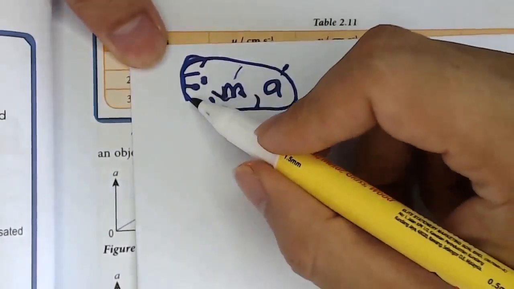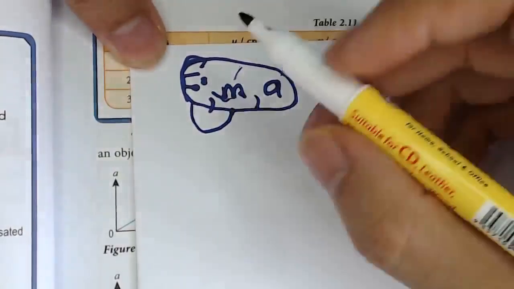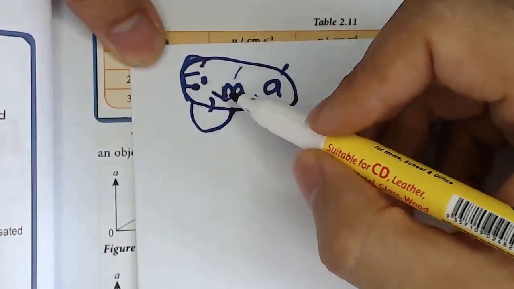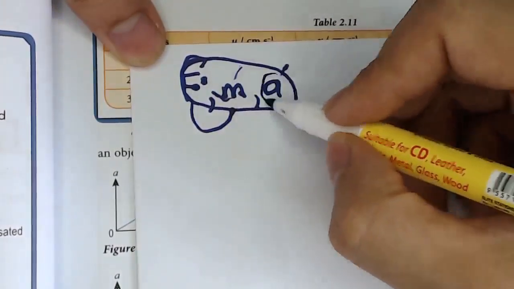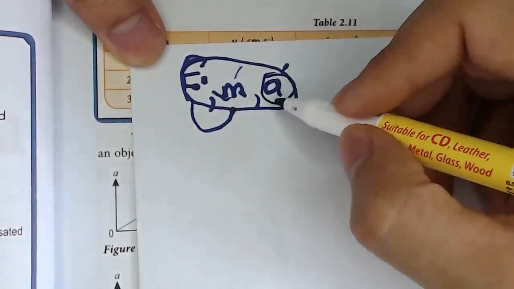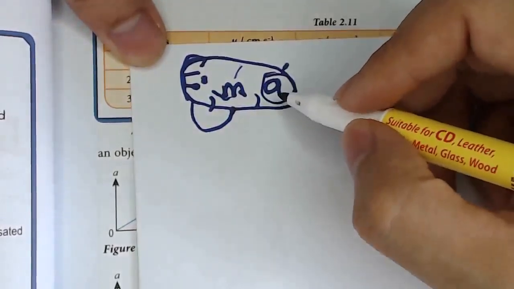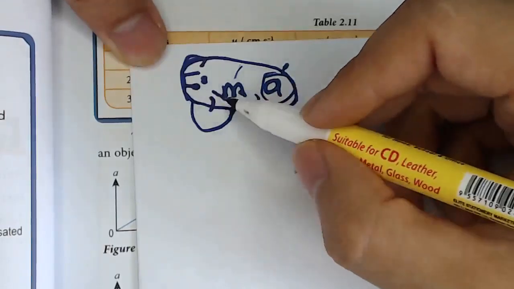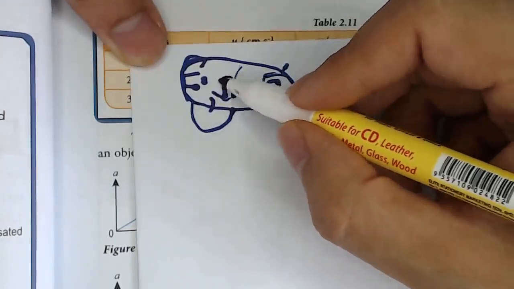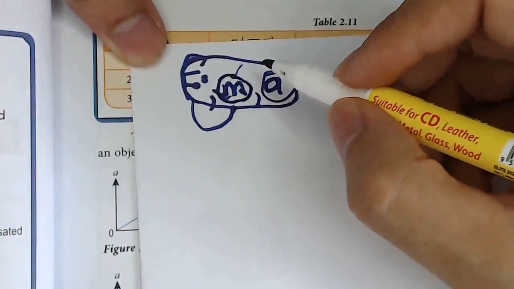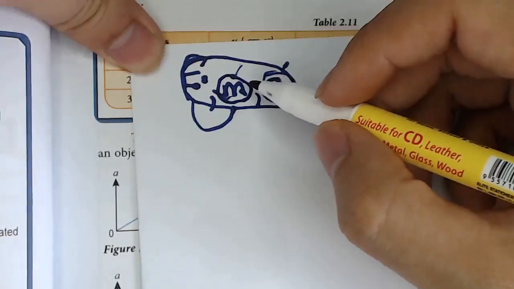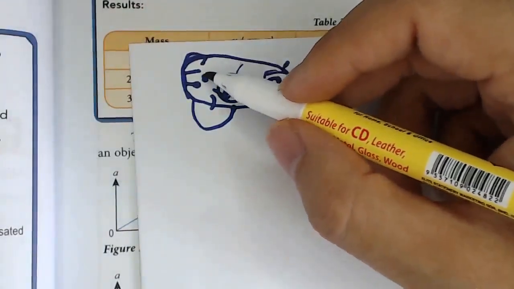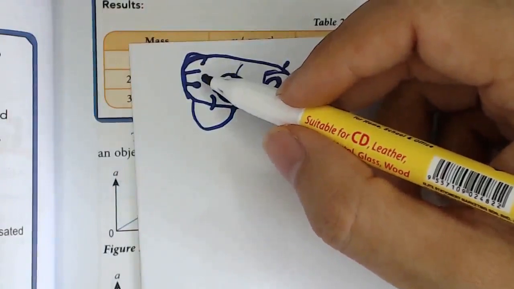So this time we want to compare between F and M. While this A becomes fixed, we do not change this A, we do not disturb it. Okay, let A be the same. We just want to see, we're going to manipulate this value of M here, the value of mass, and we'll see how this F is going to react, or vice versa.